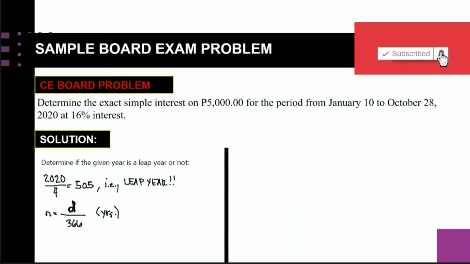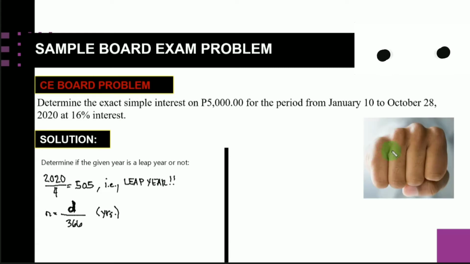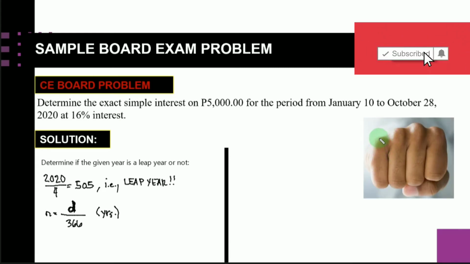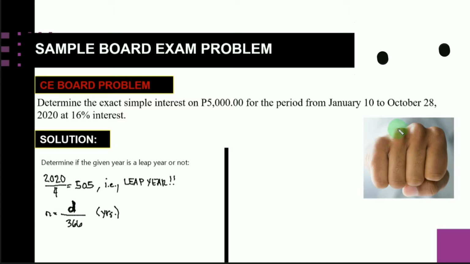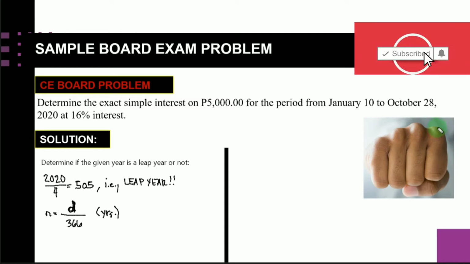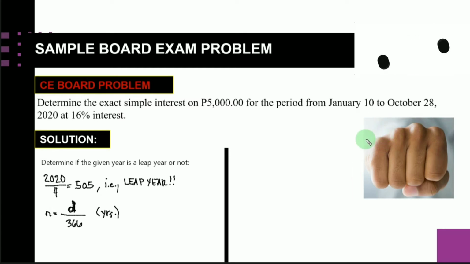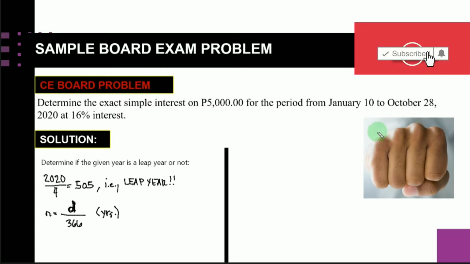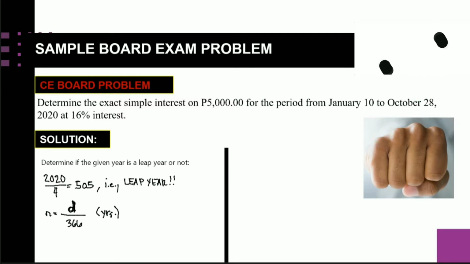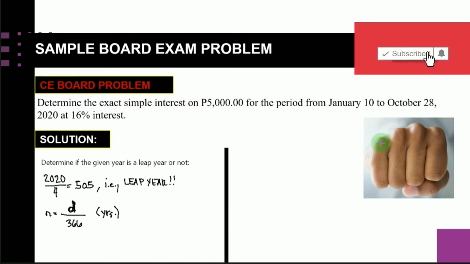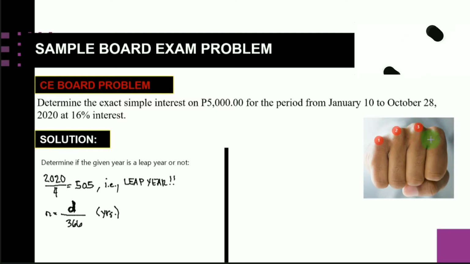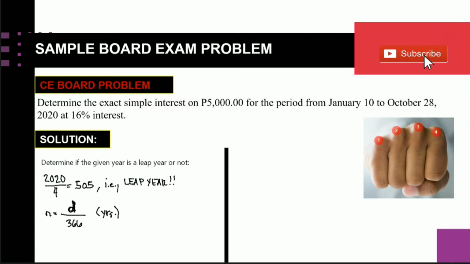As you can see in this figure, this part here is our knuckle, and this one, this and this one, these are our hand knuckles. Based on this technique, for those months we will assign numbers to these knuckles. This is our first knuckle, second knuckle, third knuckle, and this is our fourth knuckle.